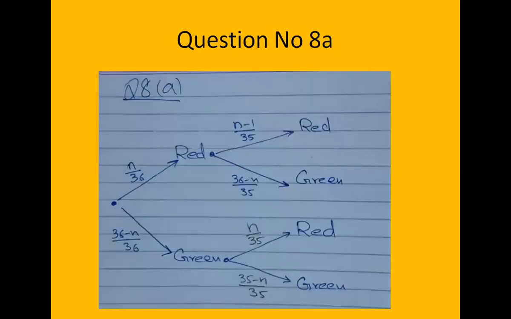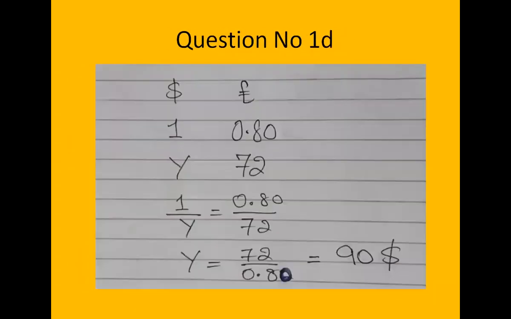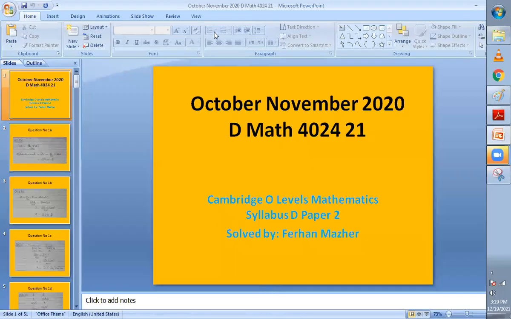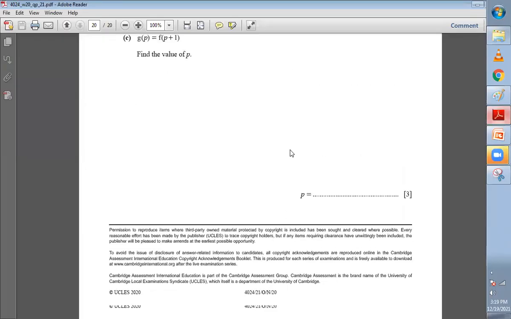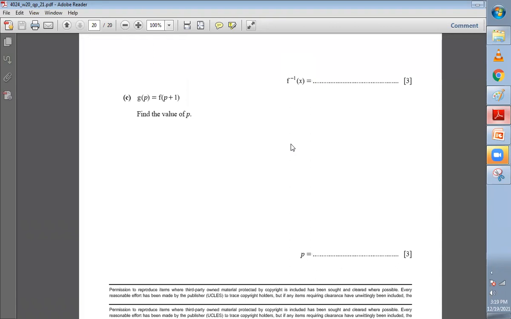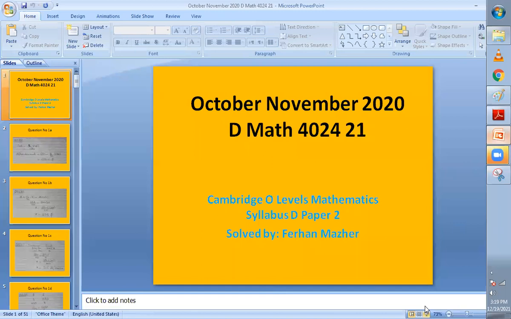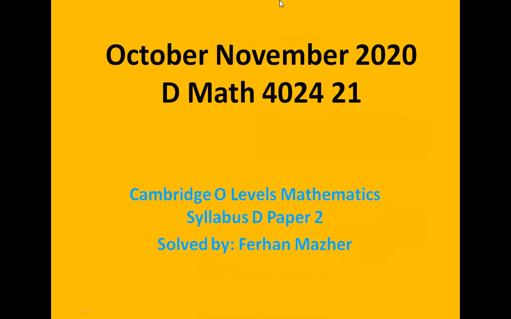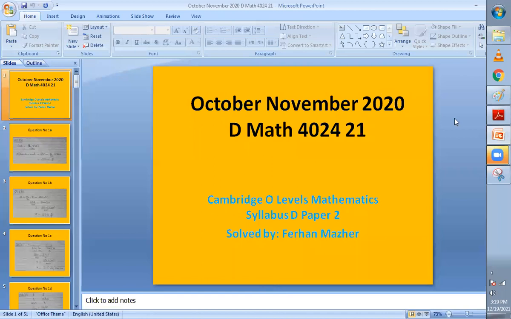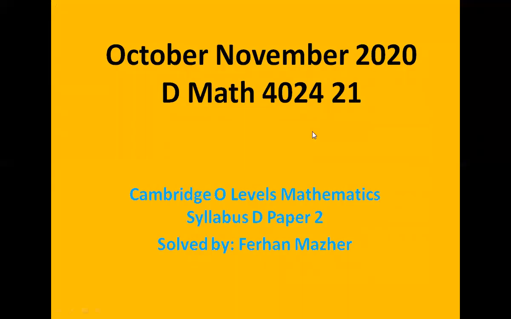So my dear students, by doing this part, we have reached the end of this paper. And let me check it again to make sure. Yeah, this paper is done. That was a 3-mark question. So my dear students, today we have completed October, November 2020, DMAS 402421 paper.